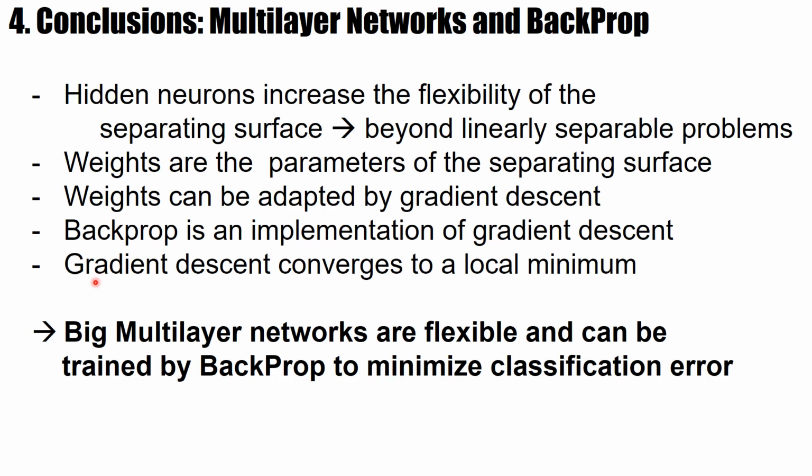And then BackProp, like all gradient descent algorithms, converges to a local minimum, not necessarily the global one. So, big networks, deep networks, are flexible tools that can be shaped to become adaptive to different tasks, and they can be trained by BackProp so as to minimize the classification error.